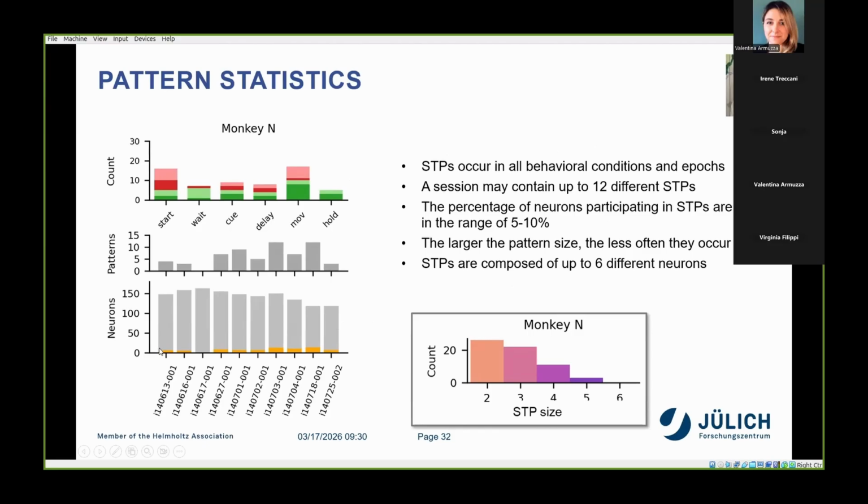This is what I just told you. There are not so many neurons involved in these patterns. And the patterns we found were in a range of up to 5 spikes.